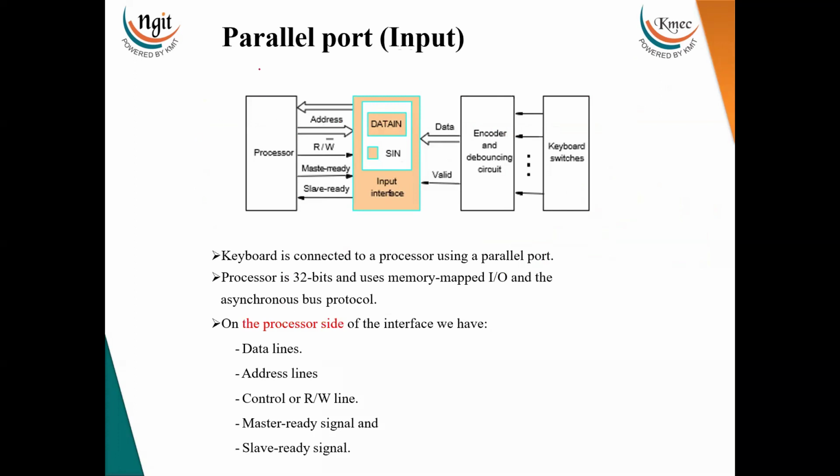Now here, this is the input. This is a parallel port for an input device. If an input device is connected to the parallel port, it means data transfer takes place in parallel. The keyboard is the input device connected here. If you see the interfacing circuit and keyboard, there are key switches. When a key switch is pressed, a code is generated for the corresponding electrical signal by the encoder.